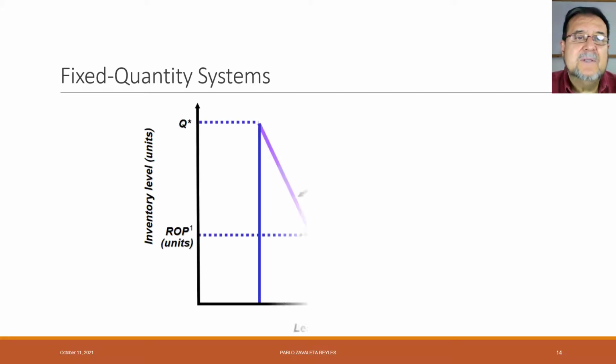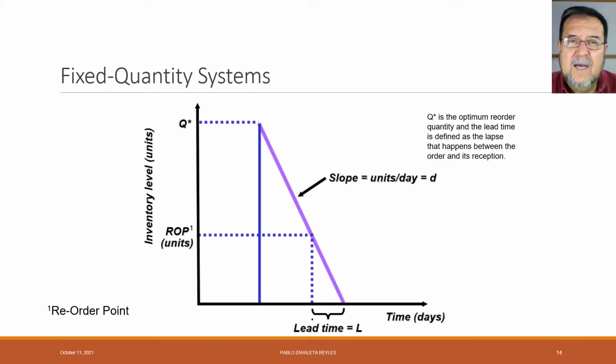Fixed quantity systems work very, very nicely and are simple to understand. We buy something and then we consume it at a constant slope.